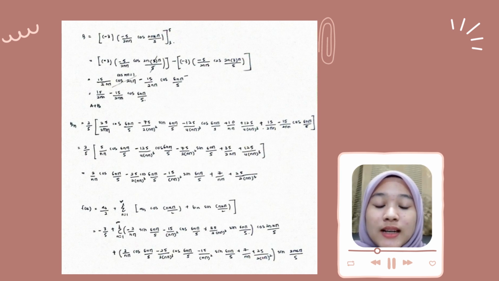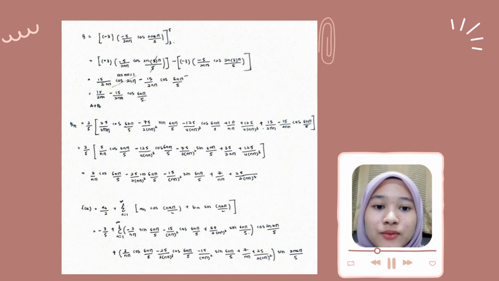And then we will get the answer: negative 3 over 5 plus negative 2 over nπ sin(6nπ/5) minus 15 over nπ² cos(6nπ/5) plus 25 over 2nπ³ sin(6nπ/5), times cos(2πnx/5).